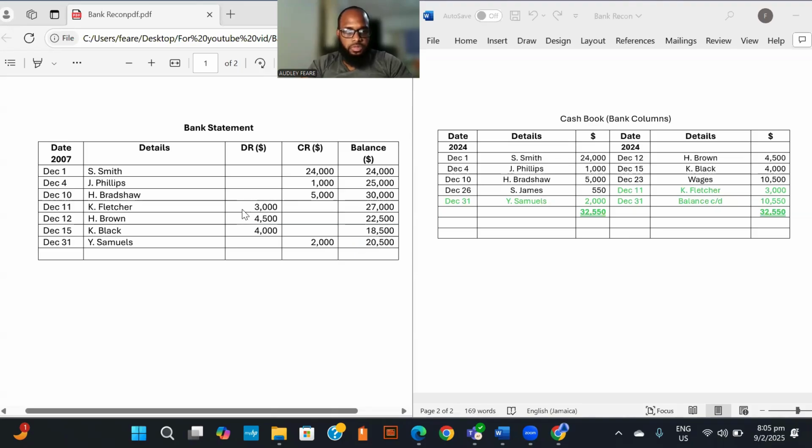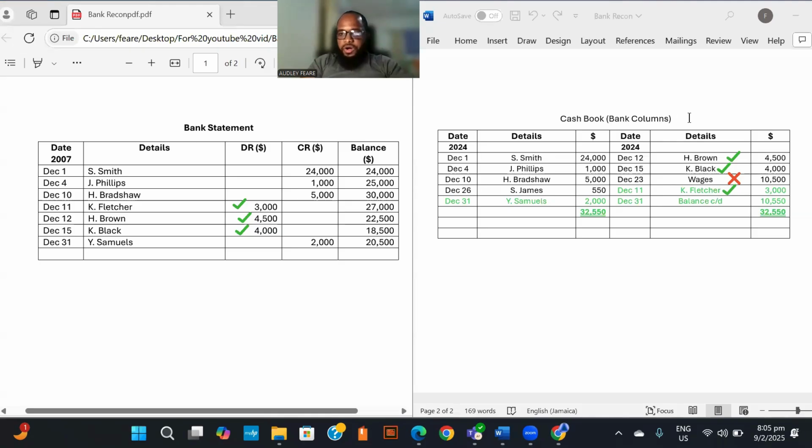Let's go. 3,000 here, 3,000 there. 4,500 here, 4,500 there. 4,000 here, 4,000 there. So there it is. We don't have this 10,500 for wages. Now, this means that this is an unpresented check.